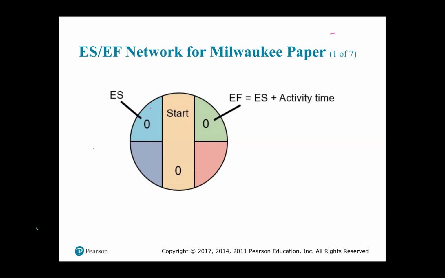So again, the early start will be 0, the duration will be 0, and the early finish will be the early start, 0, plus the duration, 0, which gives you an early finish of 0. So in the start node, your early start, your early finish, and your duration will always be 0.